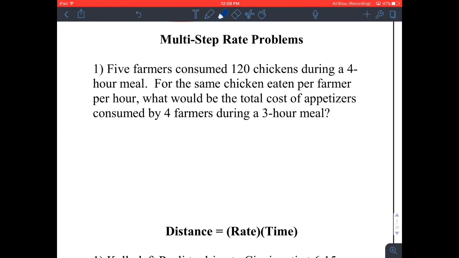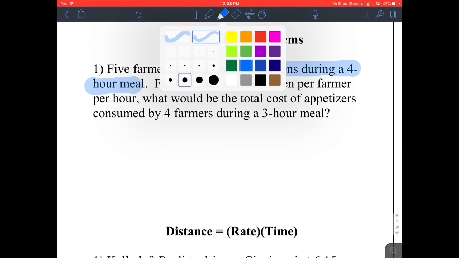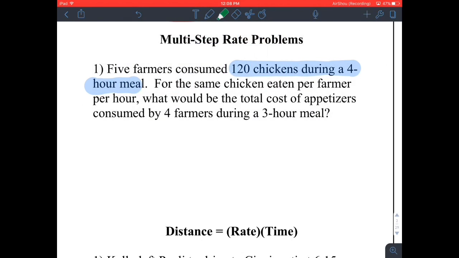So at the beginning here, we are told 120 chickens for a 4-hour meal, and then it tells us the relationship: chicken eaten per farmer per hour. So the chickens eaten is 120 chickens.